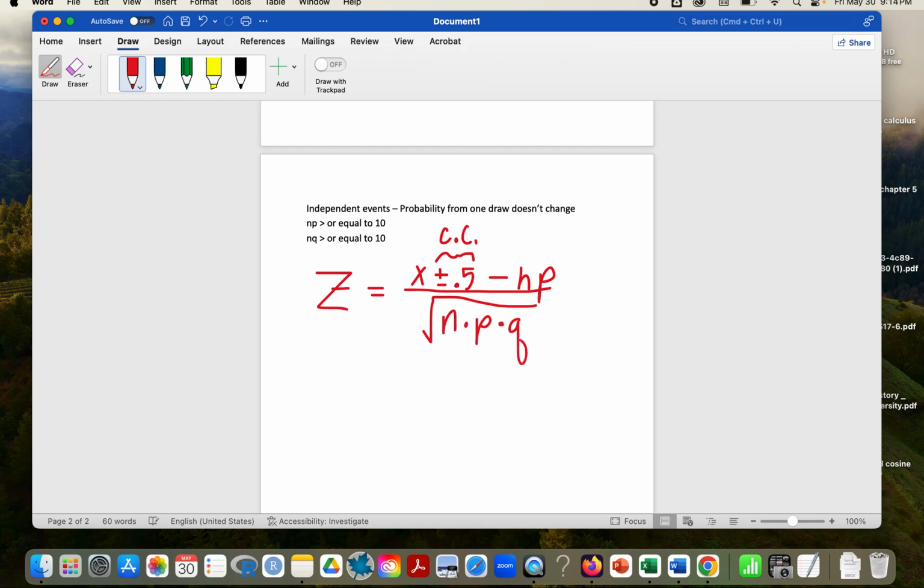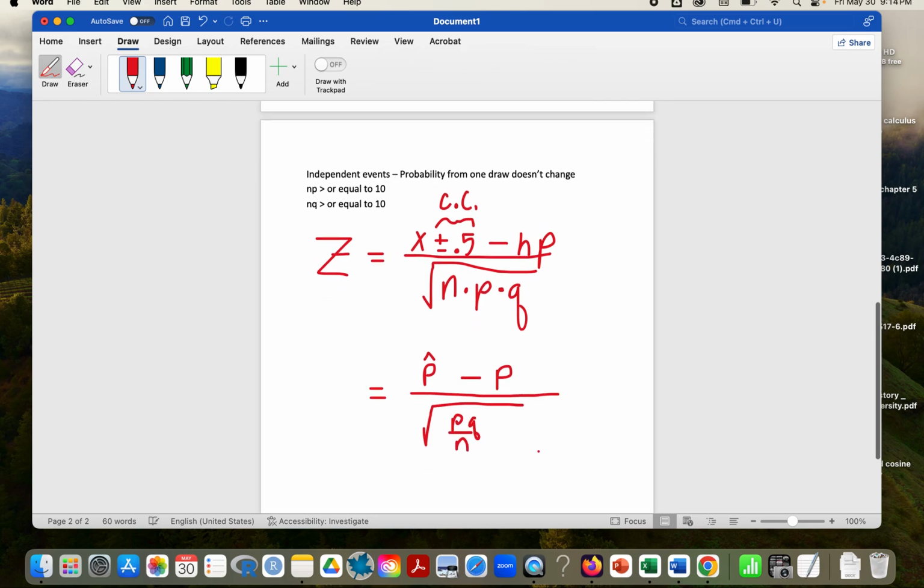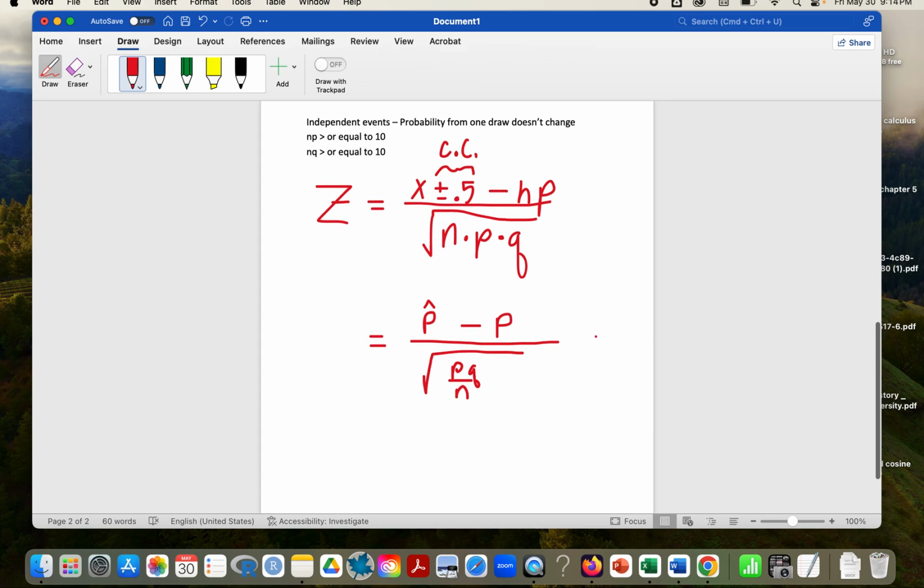Now this is just a modification of the other z-score formula when we were dealing with p hat and p. So if I write p hat and I go minus p from the population, divided by the square root of pq over n, this is going to seem a little strange, but let me do this real quick just to show you that they are related.